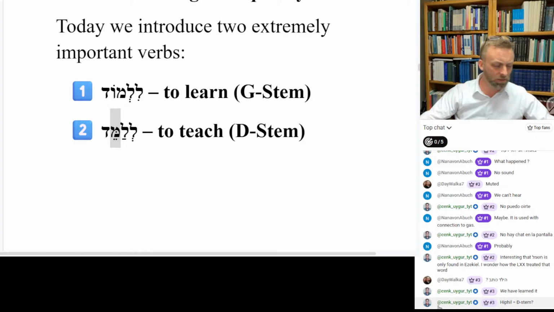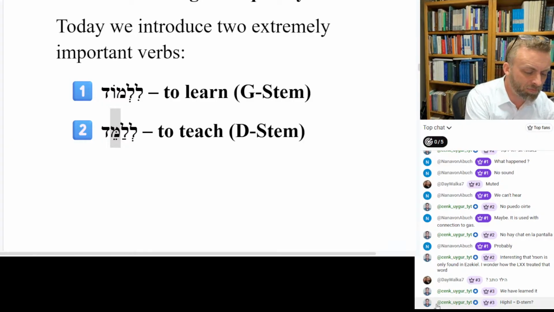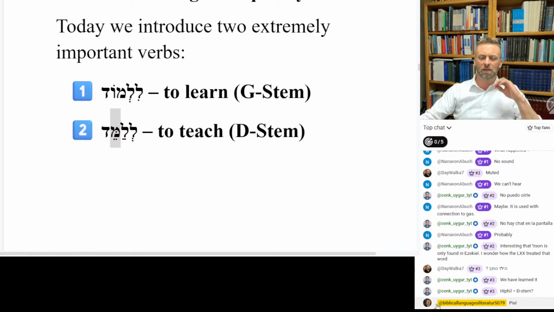Now, in classical Hebrew grammar, the D stem is called the piel. Piel, okay? But the D means doubled. So verbs in the D stem are almost always going to have a dagesh, which functions as a doubling dot.